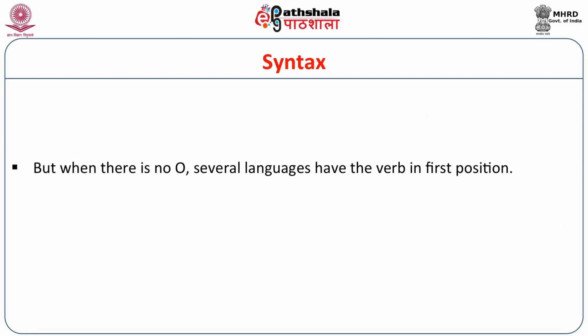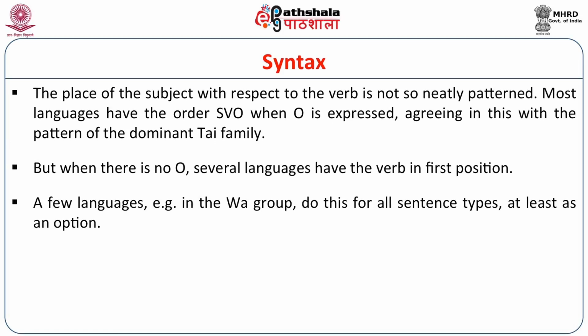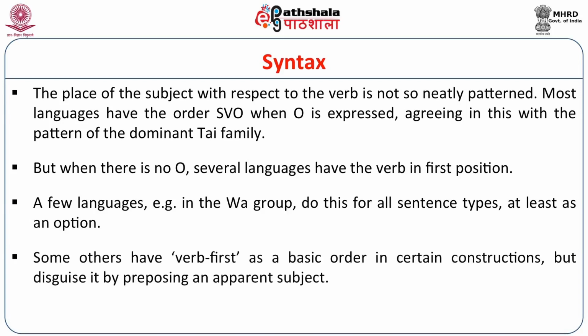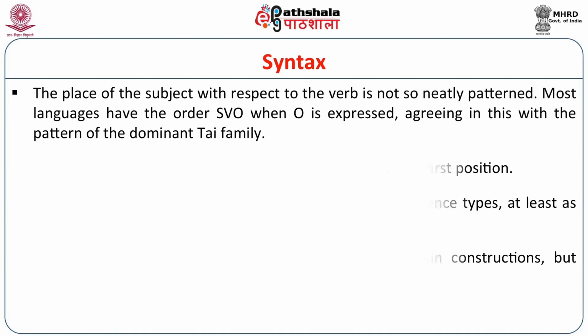But when there is no object, several languages have the verb in first position. A few languages, for example in the Wa group, do this for all sentence types, at least as an option. Some others have verb first as a basic order in certain constructions, but disguise it by preposing an apparent subject.